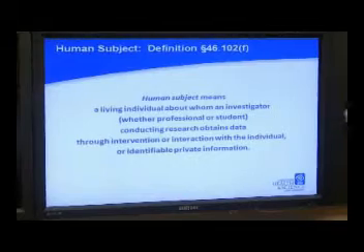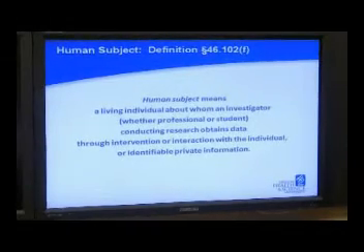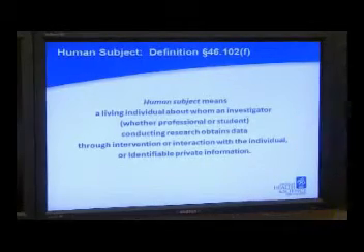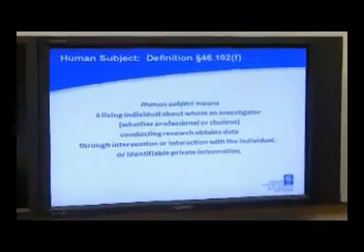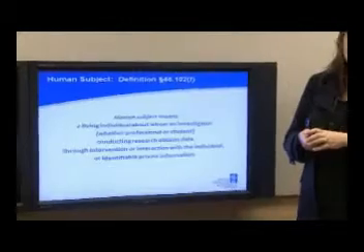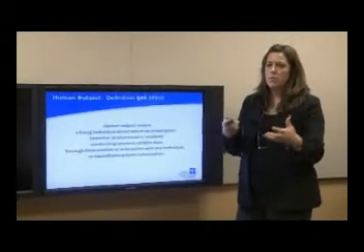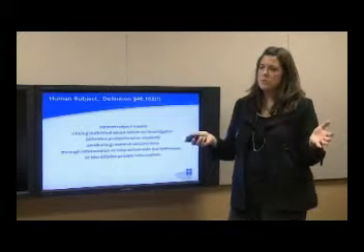So an intervention is an easy thing to think about. I'm coming to you and I'm taking blood or giving you a drug. Interactions, sometimes people miss that one. It could be that you're having a survey or something, interacting with them, but it could also be that you're manipulating someone's environment.